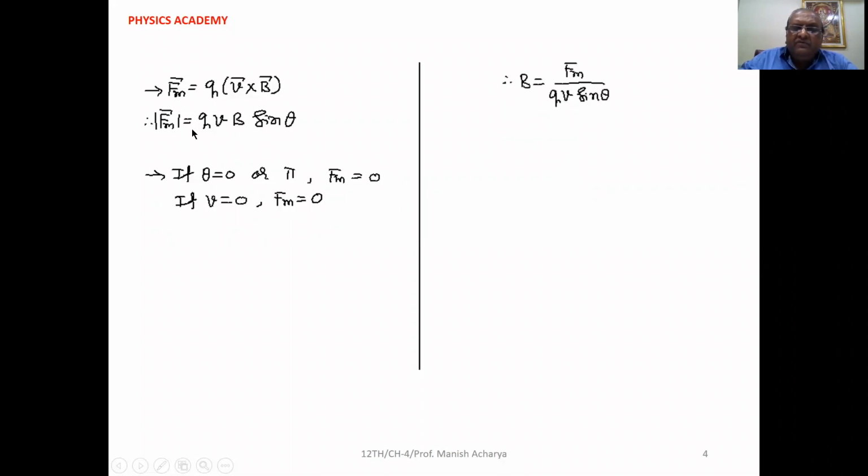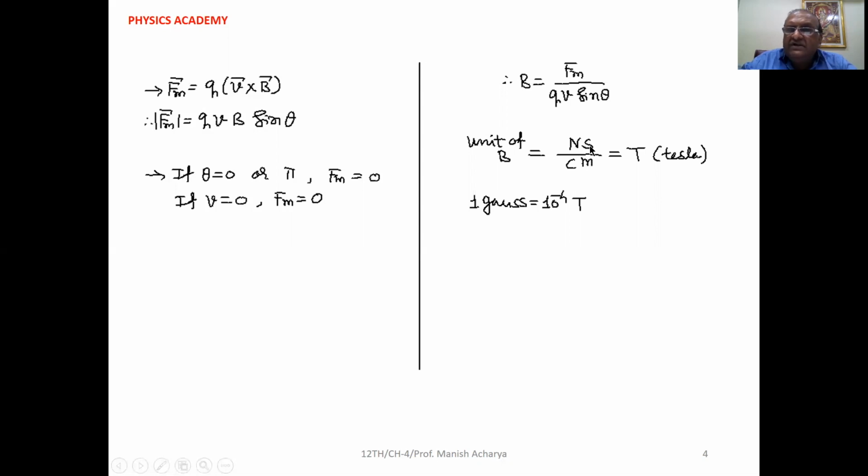Now let's derive the unit of magnetic field B. From this equation of the magnitude of magnetic force on charge Q, we can write B equal to Fm upon Qv sine theta. Now unit of B is equal to unit of force, that is Newton, upon unit of charge q, that is coulomb, and of v, velocity, that is meter per second. So that second is written here in numerator.